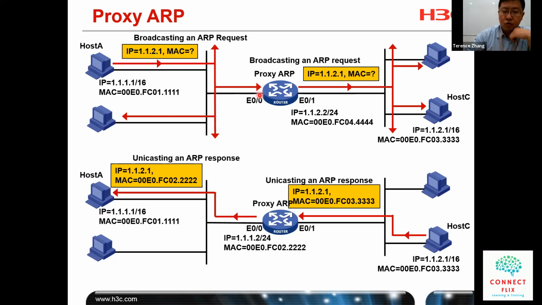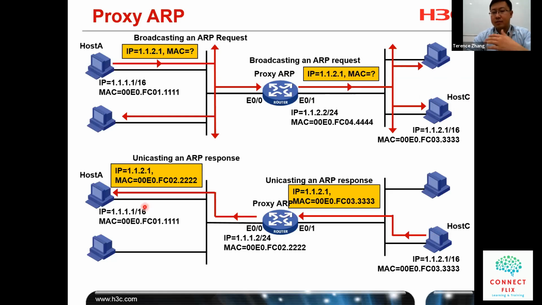So in order to cover this situation, we developed a technology called Proxy ARP. The ARP request is broadcast from here, and when the router has the Proxy ARP function enabled, it will broadcast the ARP request through the router to let host C receive it, and then also send back the ARP response by unicast.